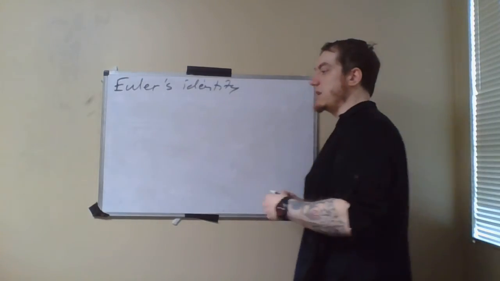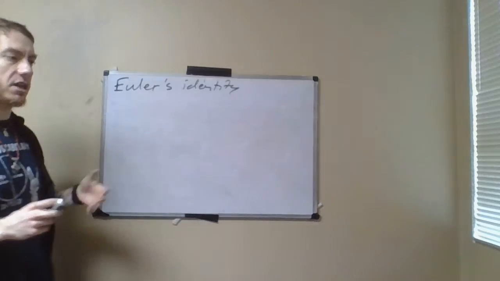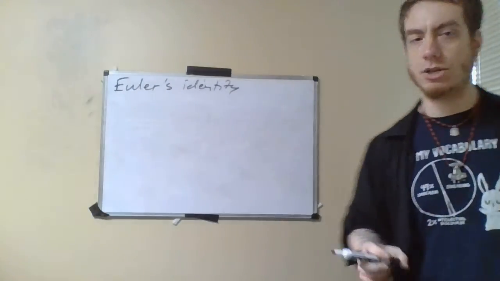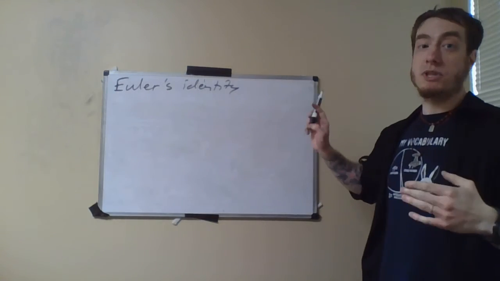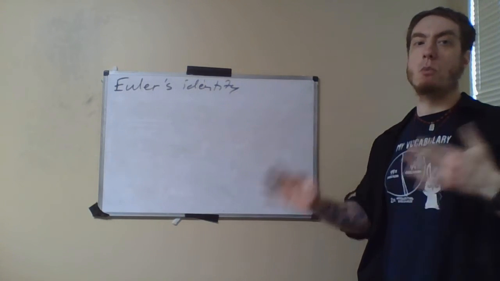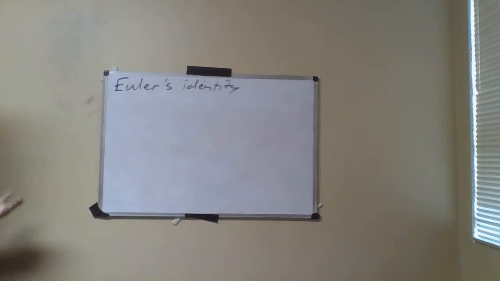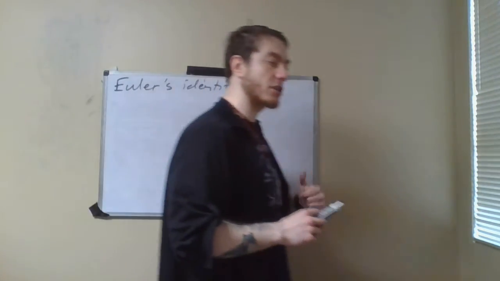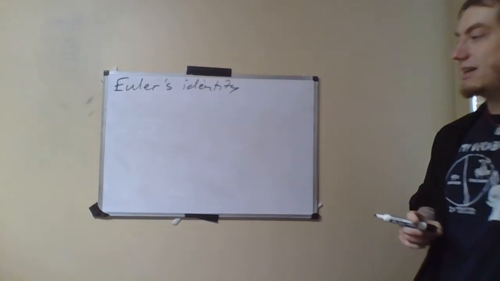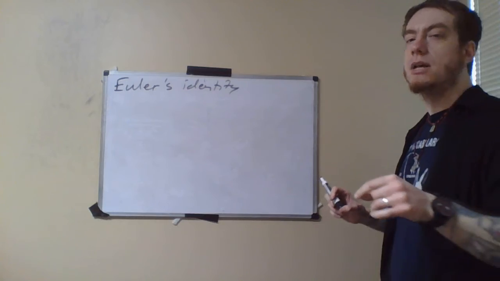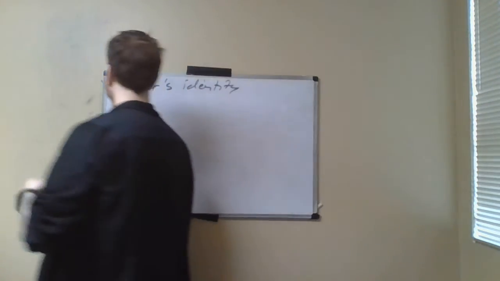Sometimes we name an identity after somebody who used it a lot, but they're not always the first person to realize it. Euler definitely worked with this a lot and came up with why this is true, but I cannot guarantee that he was the very first person to know this. Sometimes we end up with some really wacky naming conventions that come out of nowhere.